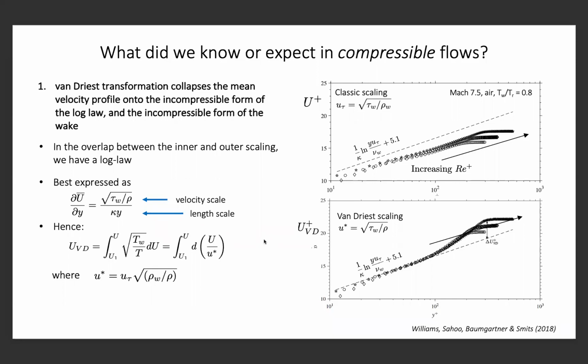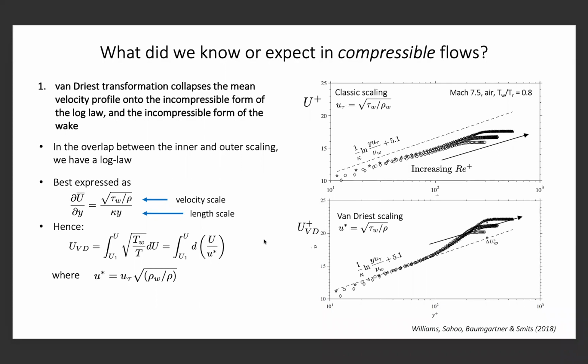if we suppose that we have an overlap region between the inner and outer scaling in supersonic flows, we'll have a log law. And in this case, we look at the velocity gradient in that overlap region, and that looks very similar to what we had before in incompressible flows, but the difference is that the friction velocity, the square root of tau W over rho, now uses the local density instead of the wall density.